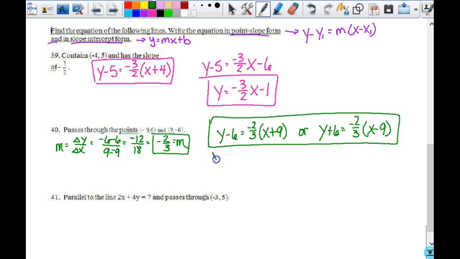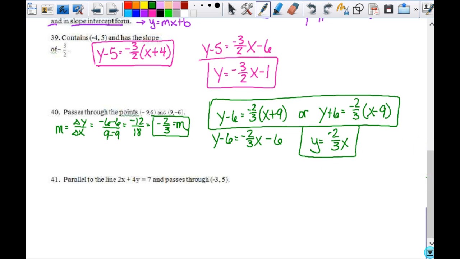I'll do this one. So I get y minus 6 equals -2/3 x minus 6. And then I'm going to add 6 to both sides, and then I get y equals -2/3 x. So there it is in slope-intercept form.